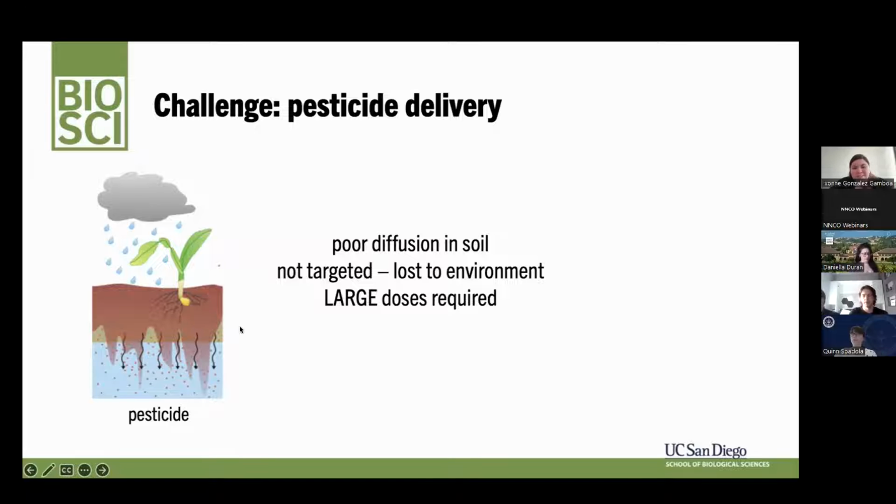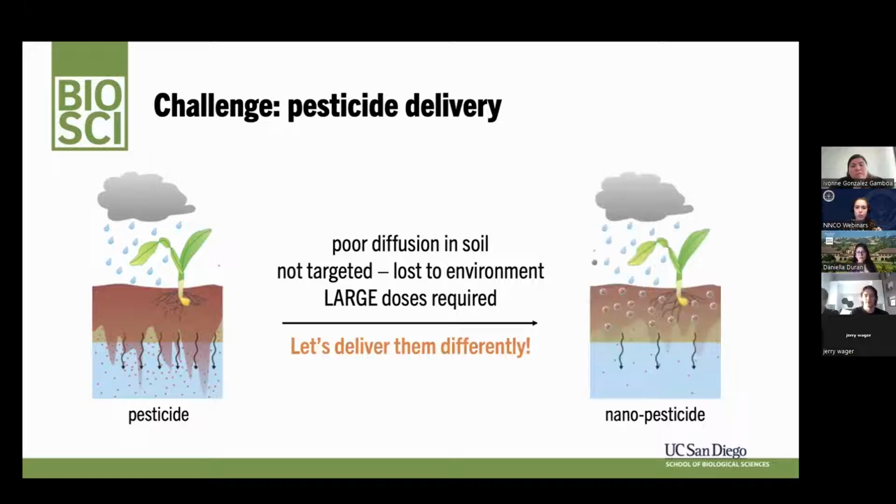So we're using really, really big quantities of the pesticide with only 1% efficiency. Only 1% of all the things that we're throwing into the environment are the ones that are getting used. So we need to find different strategies to deliver them.